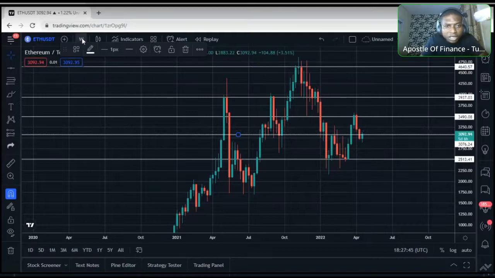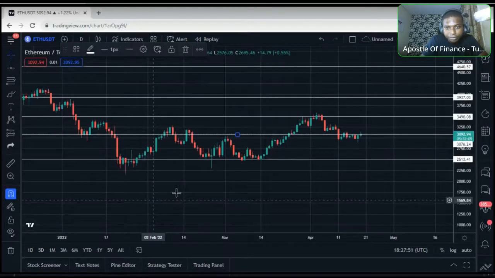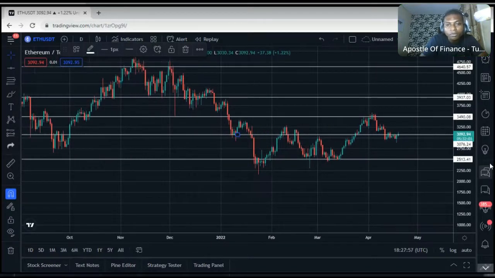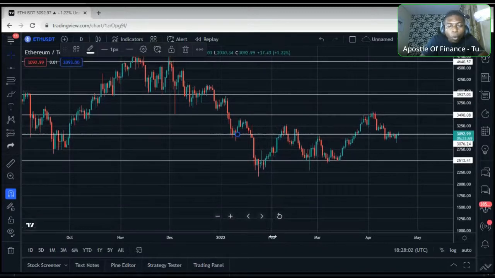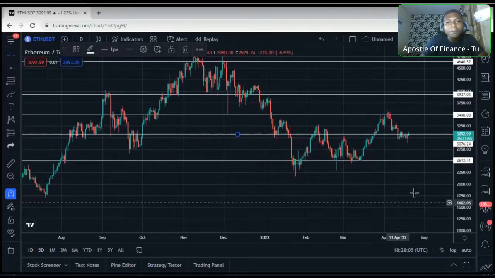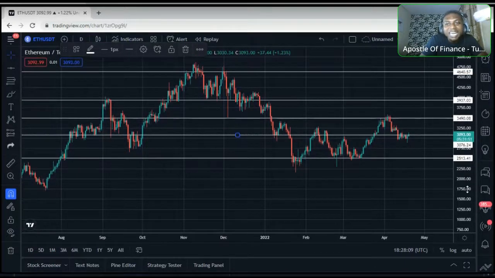Now let's go down to the daily time frame. Good. So look what we have here. Now, what are we looking for? What would actually guide our sense of judgment, either to buy or sell this currency?